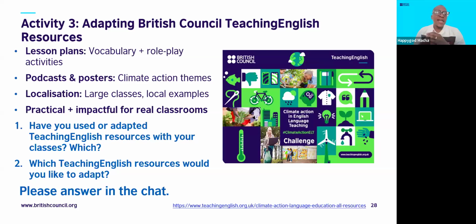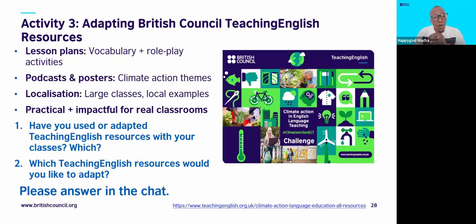Okay, thank you. So as I mentioned earlier, you can adapt different materials from the British Council Teaching English Resources website. For example, our lesson was inspired by the climate action in English language teaching, which we got from the British Council. You can see the link below. And if Linda can post it in the chat box, you can also explore a lot of other materials from the British Council Teaching English Resources.